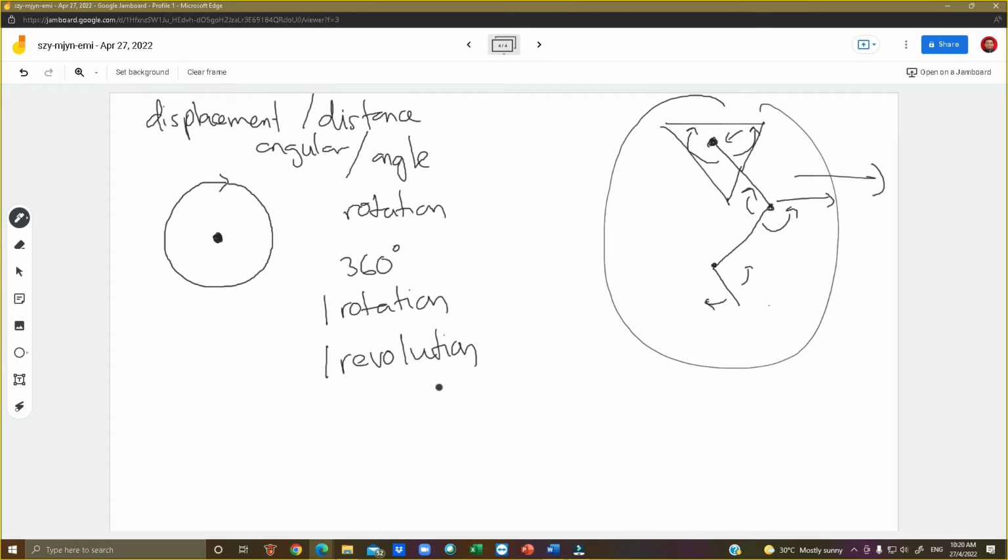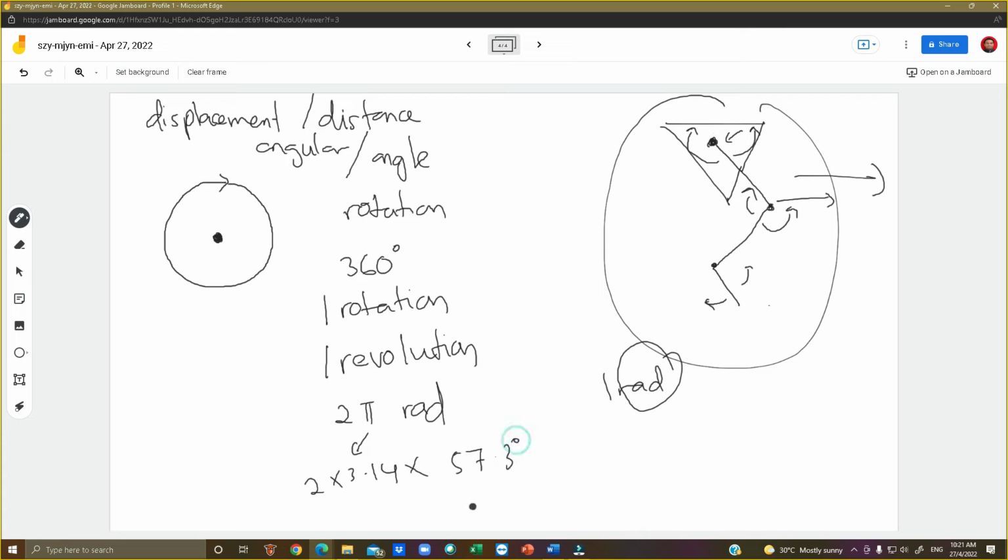Or we can name it as 2 pi radian. Pi berapa? 3 point berapa? 3.14 ke 3.41? Okay, so value dia 3.14. Jadi 2 kali 3.14 kali dengan berapa? How much is 1 radian?